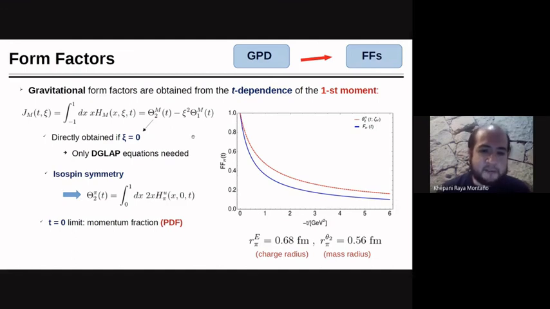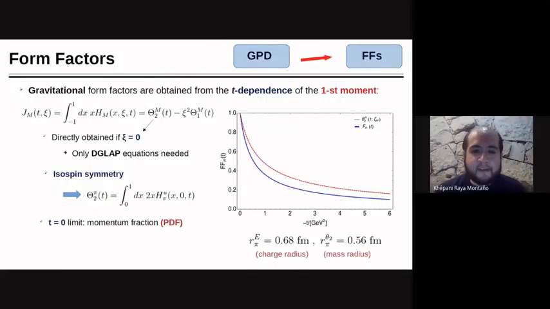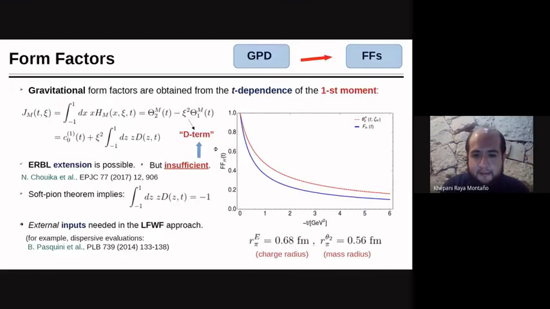But from the lattice point of view, it is also interesting because we have now very novel results for the PDFs. But for the gravitational form factors, the lattice results I have found still use larger pion masses, so the comparisons are not actually very good.